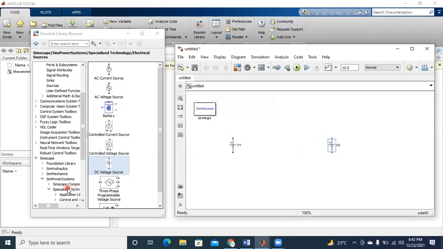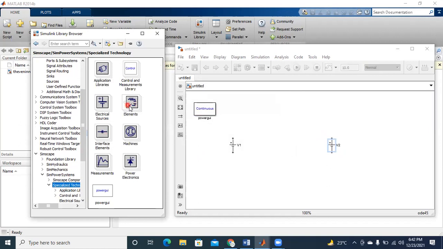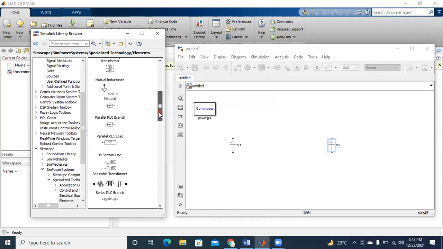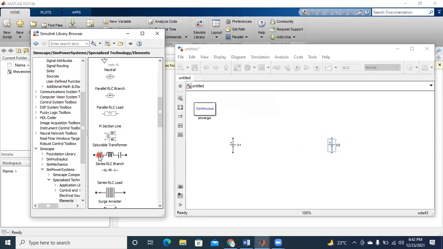Coming to the rest of the elements, I'm going for the series RLC branch. I already stated that in the series RLC branch, the parameters will be in the form of resistance, inductance, and capacitance. You can observe the same sort of element here as a series RLC load, where the elements are provided in terms of active power and reactive power.